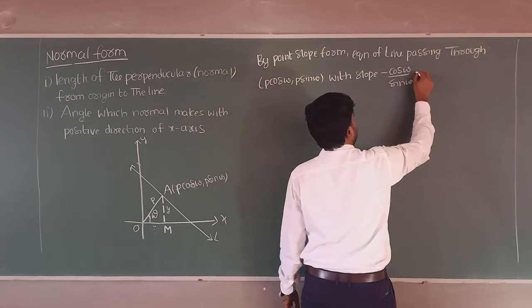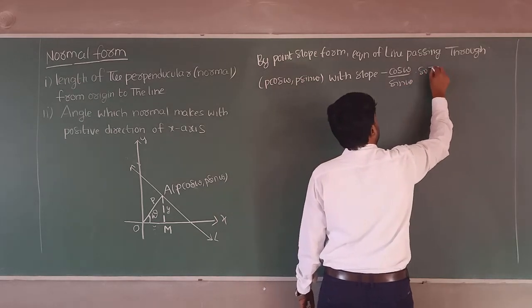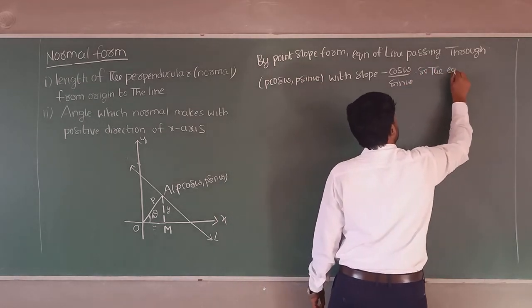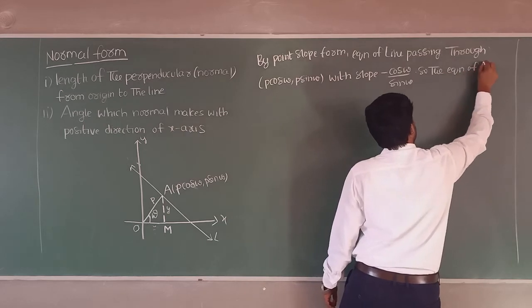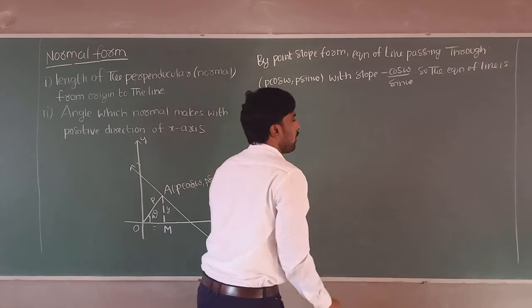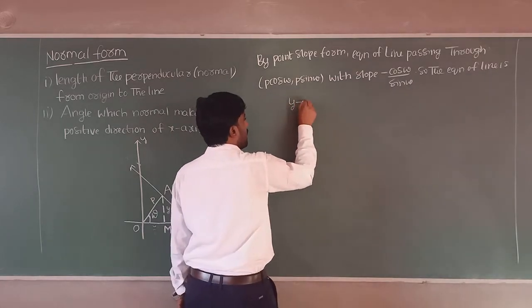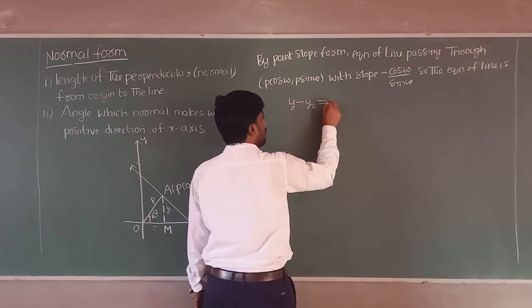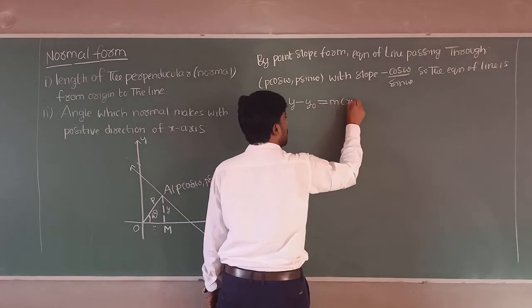So the equation of a line is, so what is the formula by point slope form? Y minus y naught equal to m into x minus x naught. Okay.